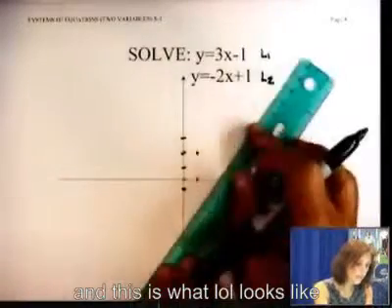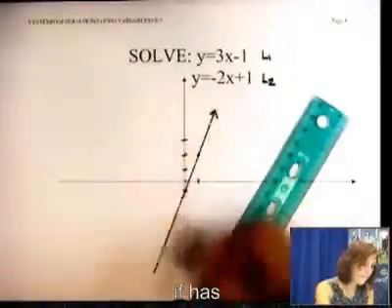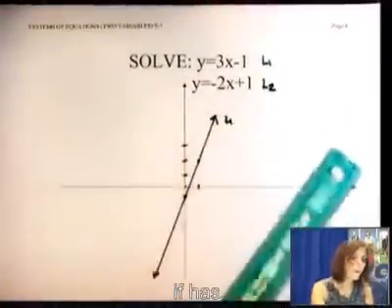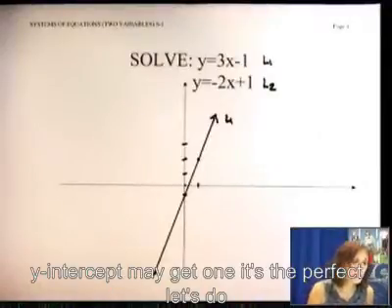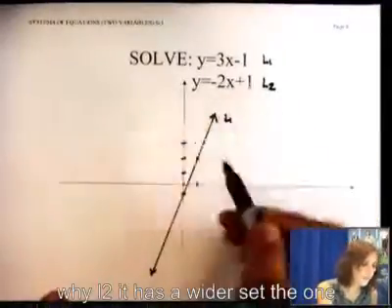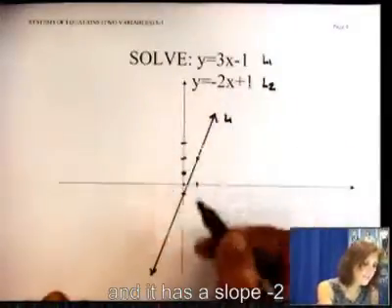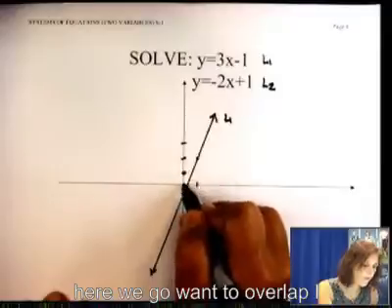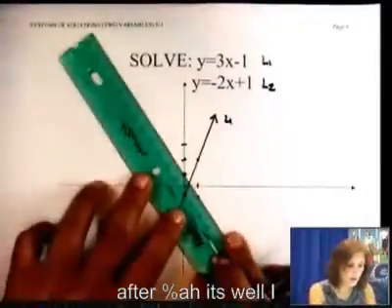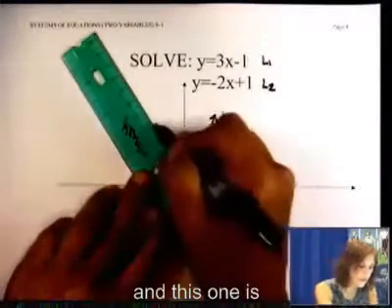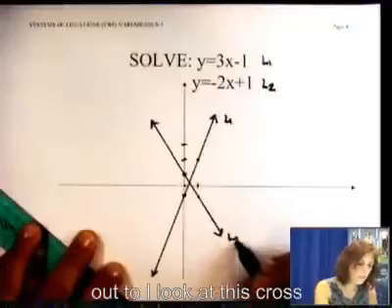And this is what L1 looks like. It has a y-intercept of negative 1 and slope of 3. Let's do L2. It has a y-intercept of 1, and it has a slope of negative 2. Here we go. 1, 2, over 1. And I have to draw this line. And this one is L2.